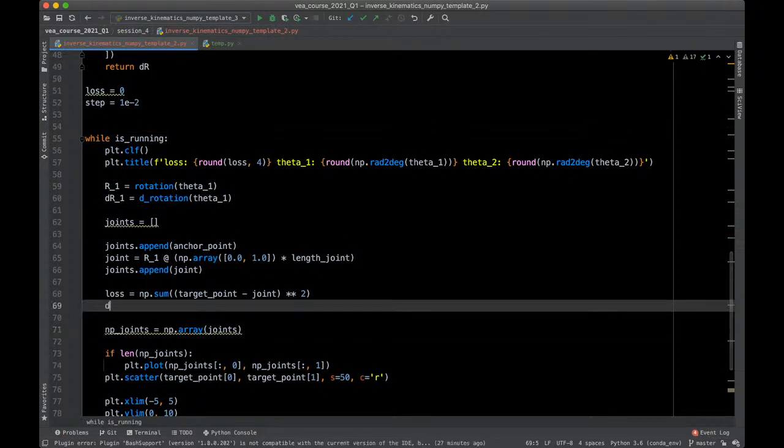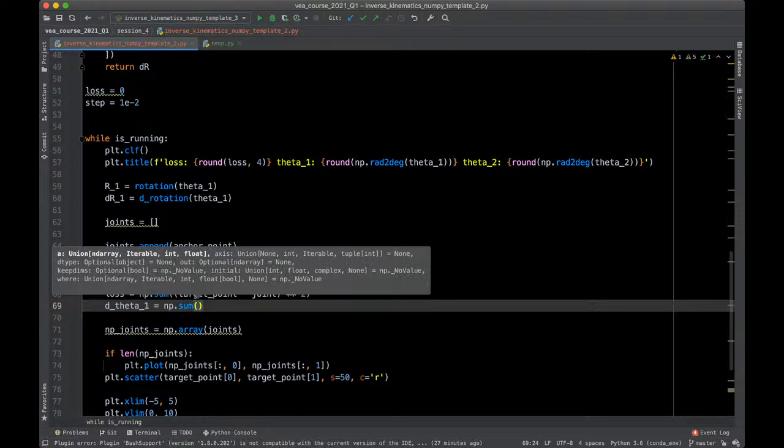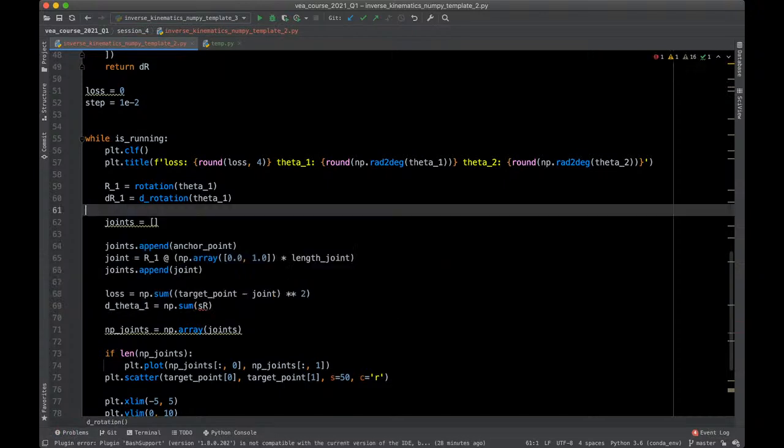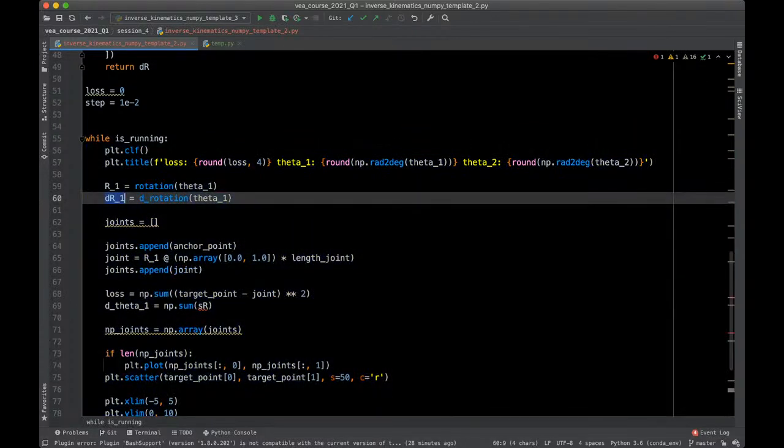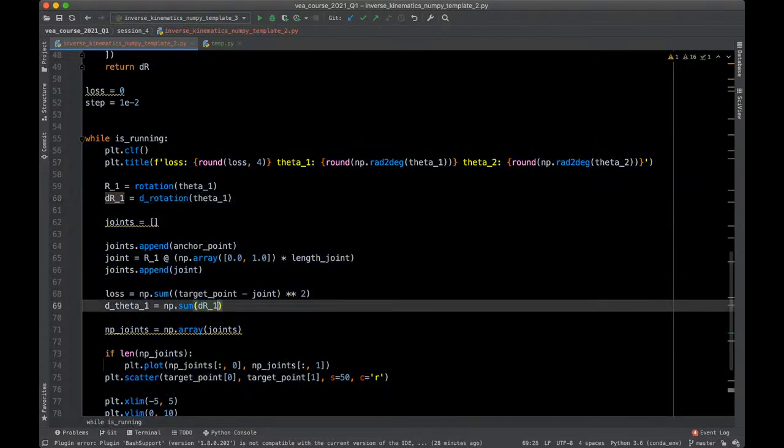Now we need to use the equation that I just wrote for the d theta 1, and this one will be d theta 1 equals the sum of the dr. By the way, as you see, hopefully that is something that you also need to understand for the deep learning material that we will have, that the derivatives, those formulas are constantly changing.